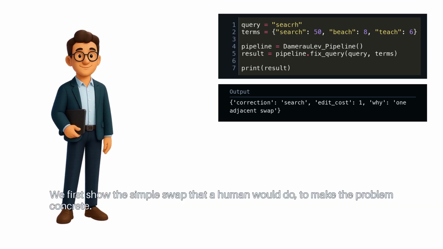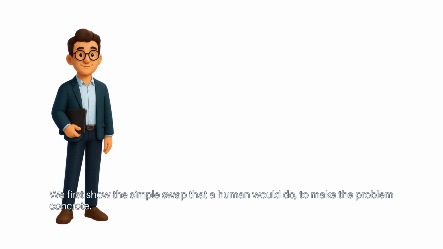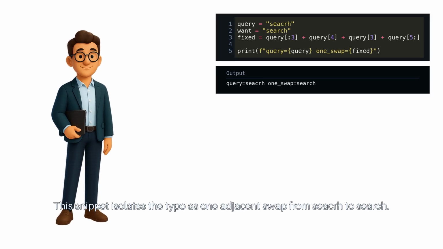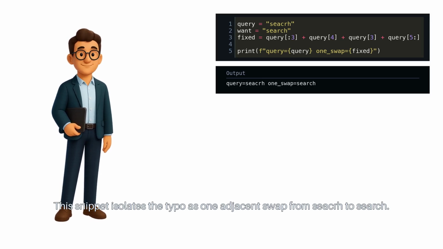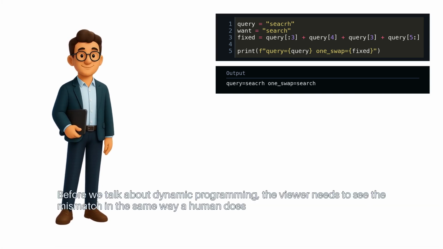We first show the simple swap that a human would do to make the problem concrete. This snippet isolates the typo as one adjacent swap from seacrh to search. Before we talk about dynamic programming, the viewer needs to see the mismatch in the same way a human does.